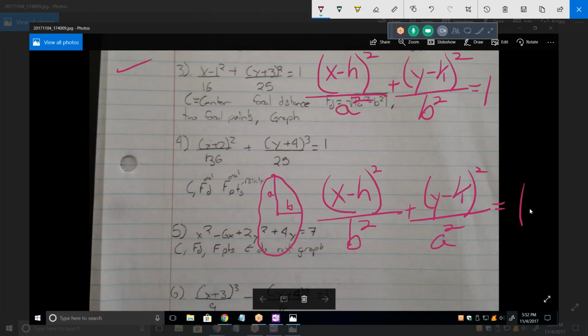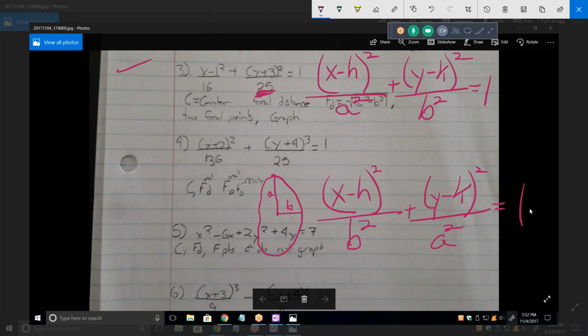Okay. Now, remember that we're taking the square root of these numbers, but it doesn't matter. The square root of 16 is 4, the square root of 25 is 5. 5 is still bigger than 4. So you don't have to take the square root to figure out which one's bigger. I can see that that's the bigger denominator. That's A squared.